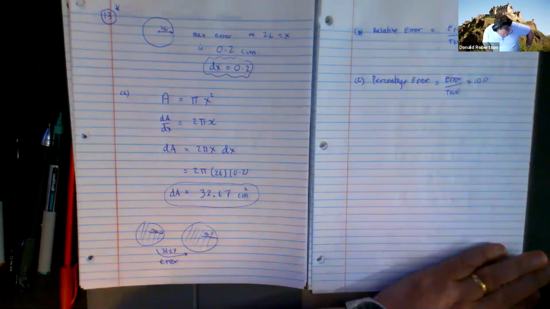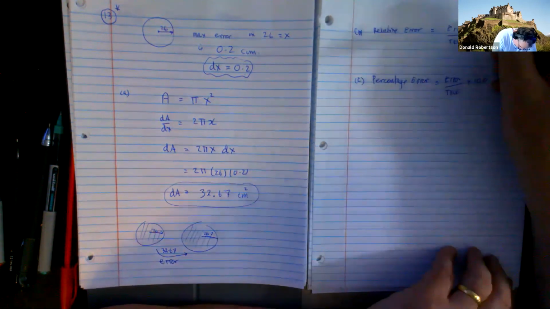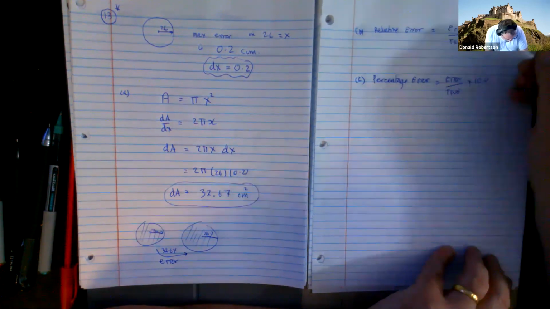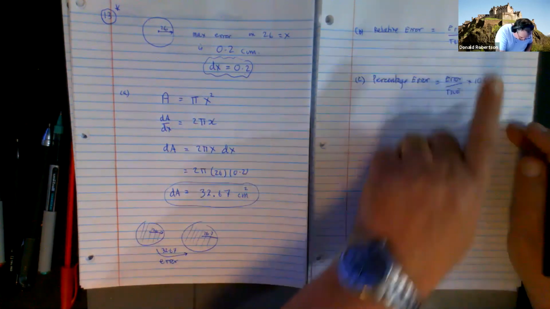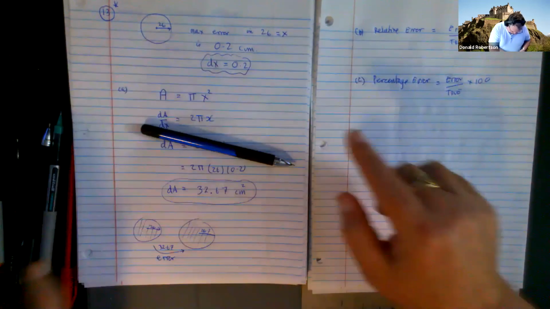So I need to know what the correct area is at 26, the true value, and compare it against the error. Well, I know what the error is, 32.67. What do they mean by the true value? We're saying, if it was exactly 26, what would the true area be?